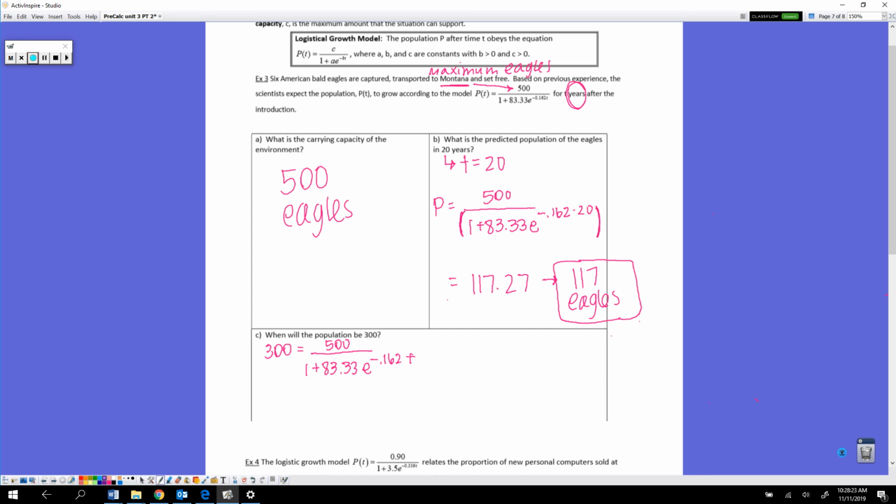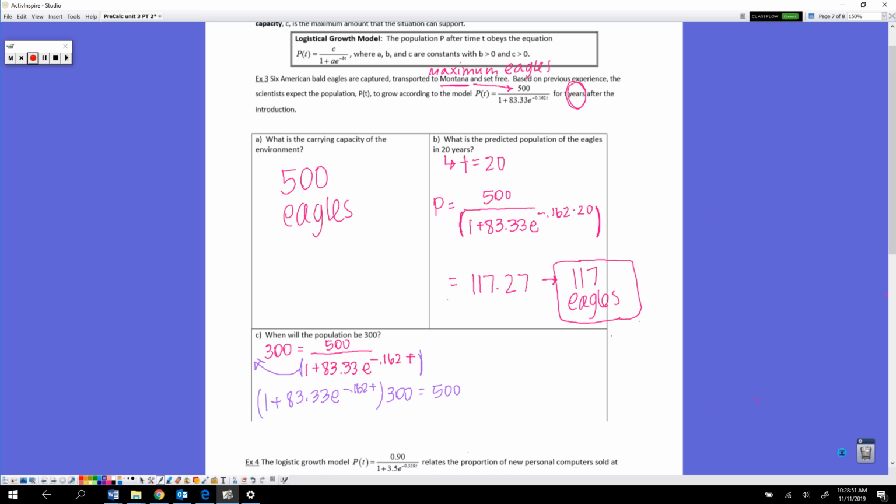We're trying to get the t by itself. First, we need to get rid of the bottom, so we're going to multiply both sides by the denominator, which is just going to move this up here. So we're going to have 1 plus 83.33 e to the negative 0.162 t, times 300, equals 500.